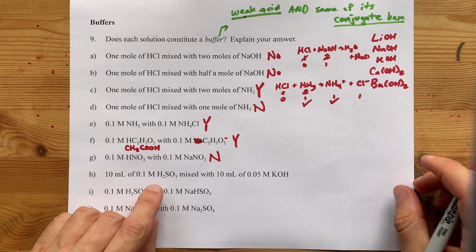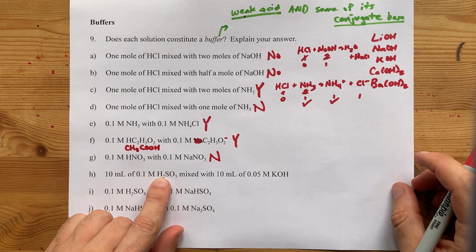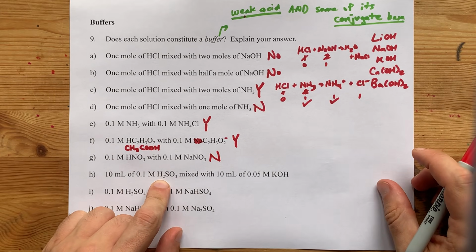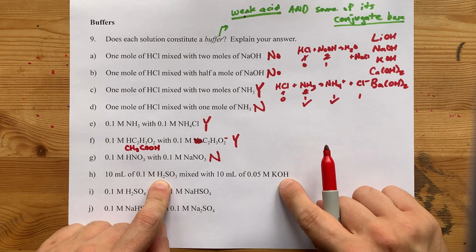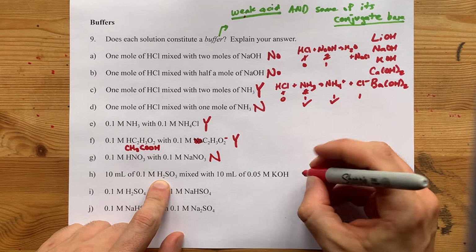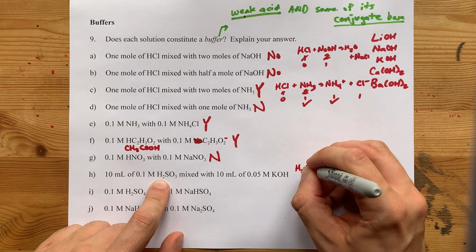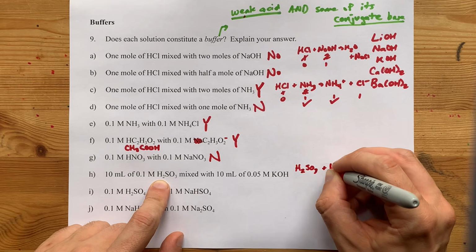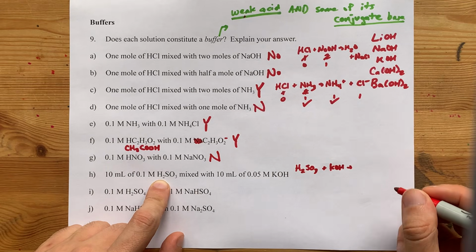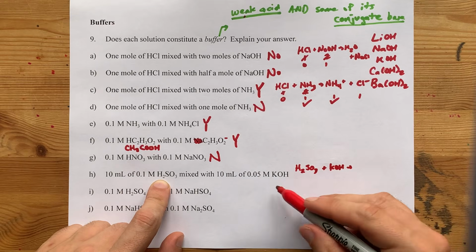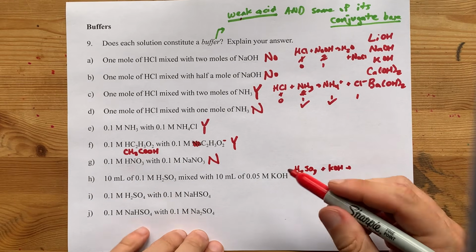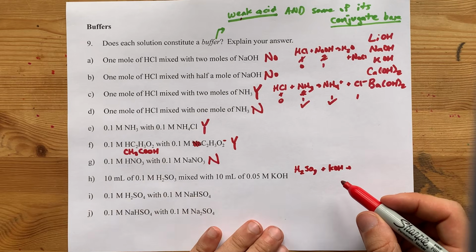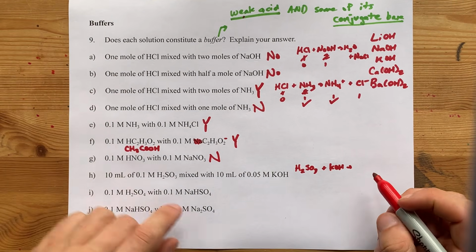Here we have H2SO3. That is a weak acid reacting with KOH, a strong base. Let's just go take a look. We got H2SO3. We got KOH. When they react together, now I'm going to react just one of these H's away, just to simplify things.